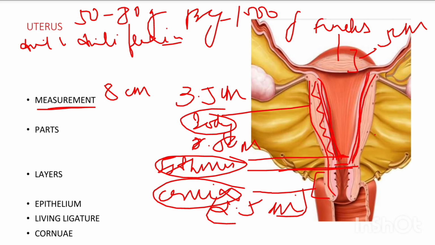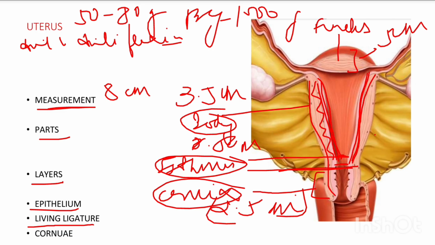Okay. Now what is the epithelium? Columnar epithelium is present, plus the living ligature. What is this? The middle interlacing layer in between the longitudinal and circular muscles, which prevents bleeding during placenta delivery. It is called the living ligature.